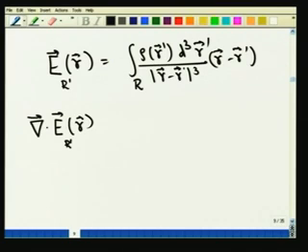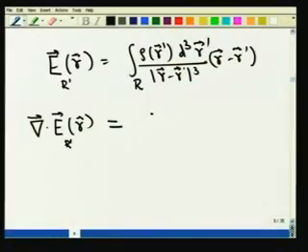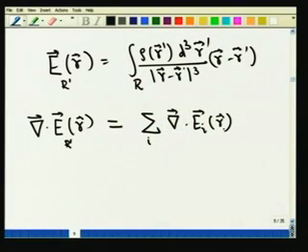Therefore, by the principle of superposition, if I know the field produced by different point charges in the region R, find out the divergence coming from them, add them up, I will get the total divergence. Therefore, if I could write it symbolically, this is nothing but the summation of divergence of E_i of R, where i is the contribution coming from the ith charge.